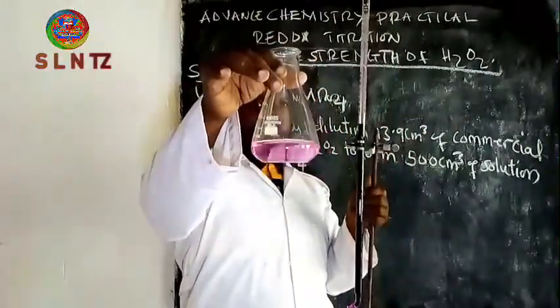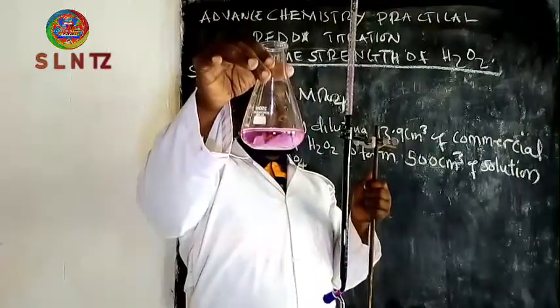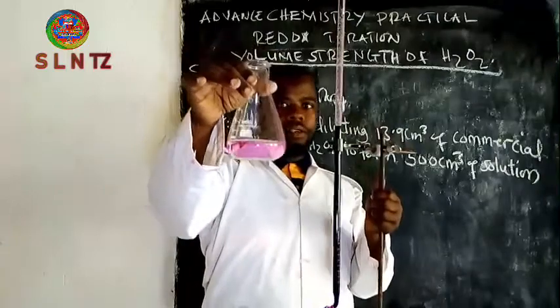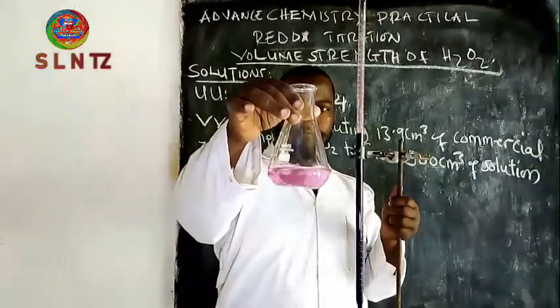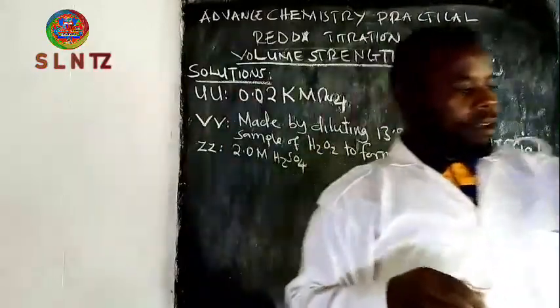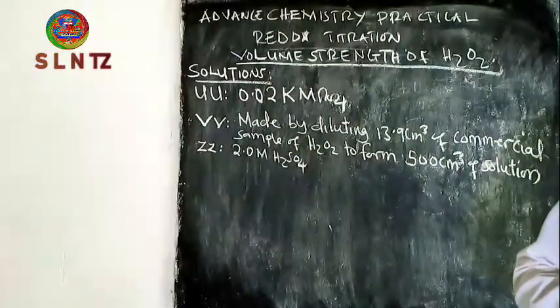This is pink color. So my volume here is 25. So that is the ending point for our titration.